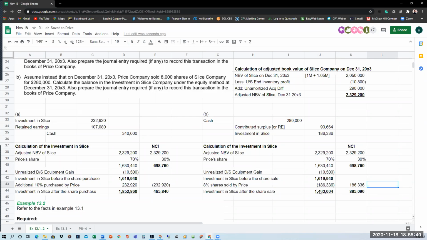The total of the investment account and NCI is still constant at 2,318,700. It was 2,318,700, remained 2,318,700 after the share purchase by Price, remains 2,318,700 after the share sale by Price. So that is an important little thing to keep in mind, that whatever happens, this exchange of value basically occurs between the parent company and non-controlling interest.